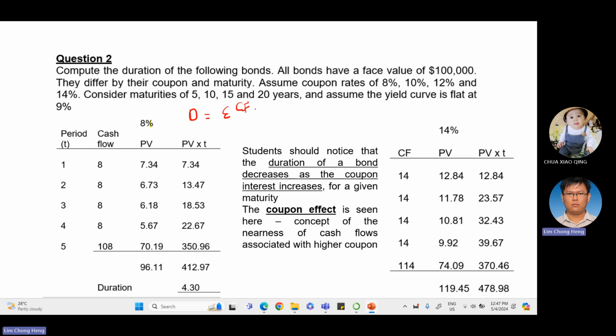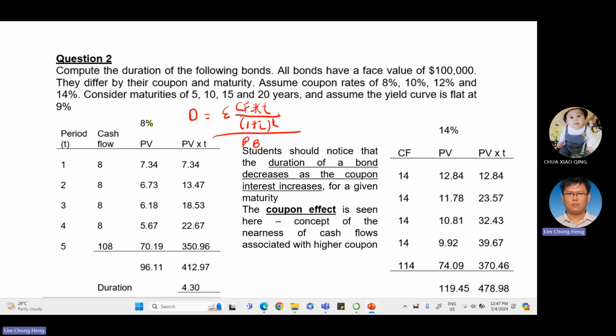and we give weightage for the different cash flows by using the T, then discount to the present value, and then divide by the bond price. This is the formula for the duration.